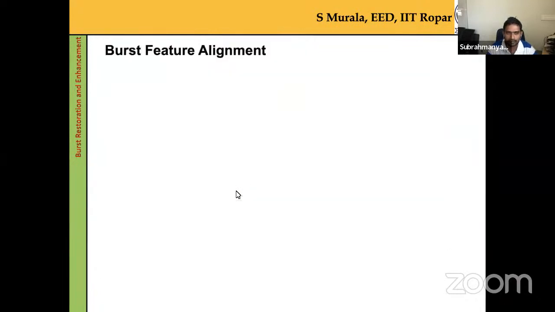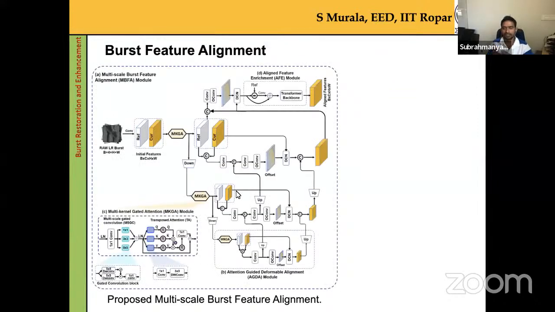Let me talk about the modules one by one. First is the burst feature alignment module. It is itself a challenging task, because feature alignment is something we initially did using traditional algorithms for image registration.